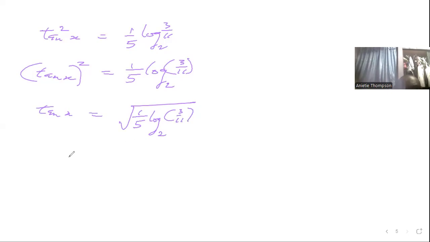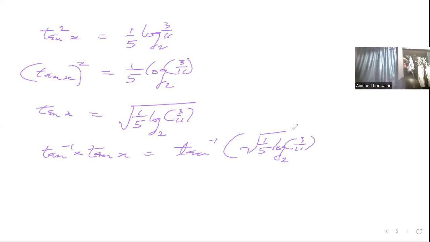Okay, so I can say that to take off this tan, we introduce tan inverse to both sides of this equation. We have tan inverse times tan of x equals tan inverse of square root of 1 over 5 log of base 2 of 3 over 11.